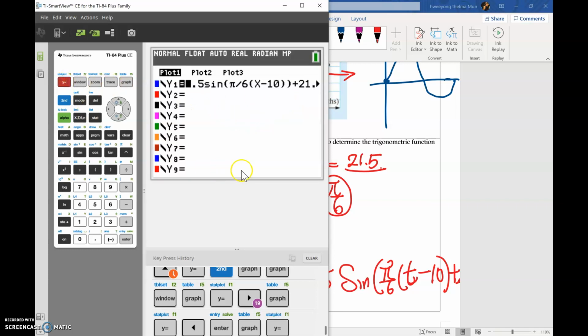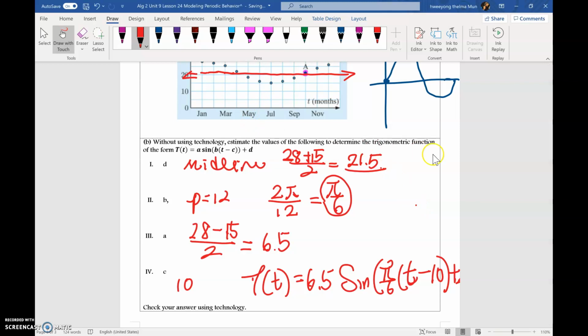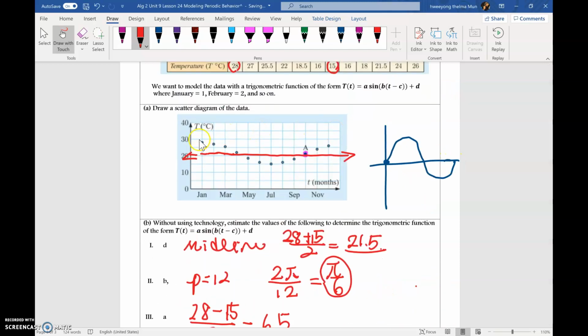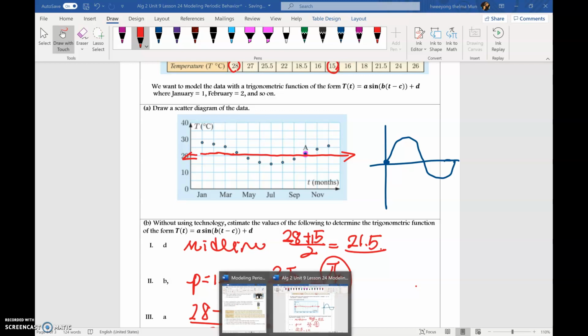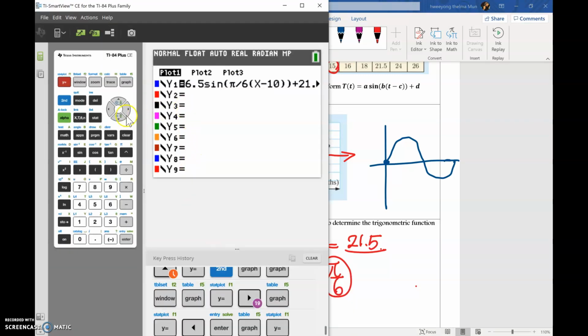Before, we mentioned that the cosine function is going to have a shift of 1, so let's verify if that will work and put it in the calculator. The amplitude is going to be the same, so it's going to be 6.5. We're going to put cosine.